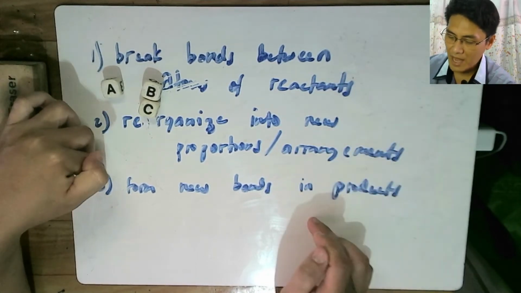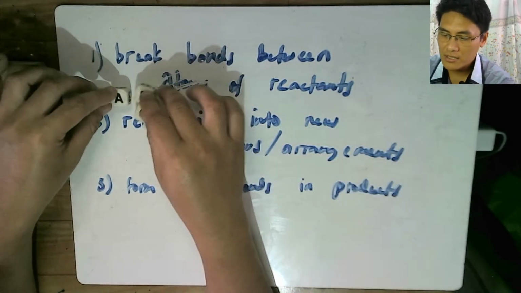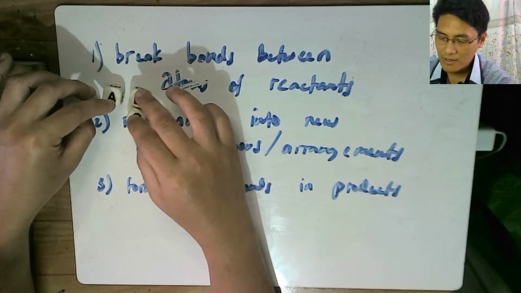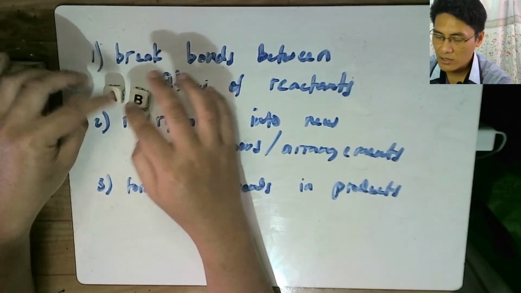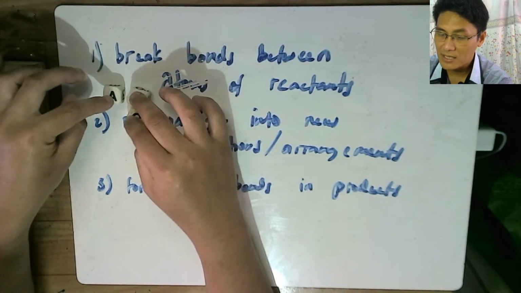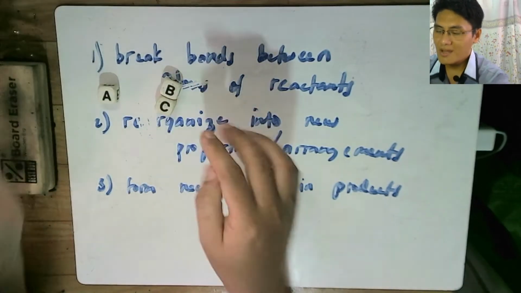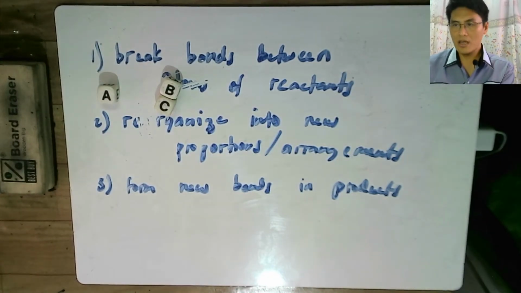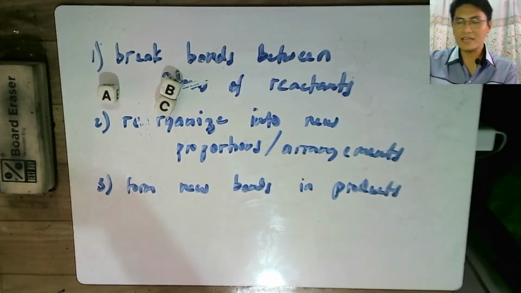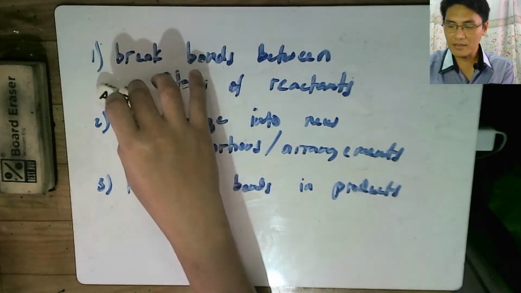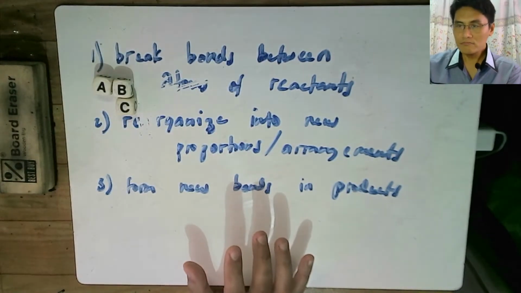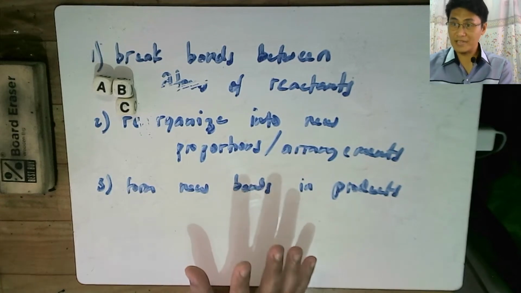And then at the same time, you form new bonds, because as A and B break the bond, and as the atoms are rearranged, guess what? B and C would form new bonds. So these three things are not really a sequence, but rather something that happens simultaneously, right?